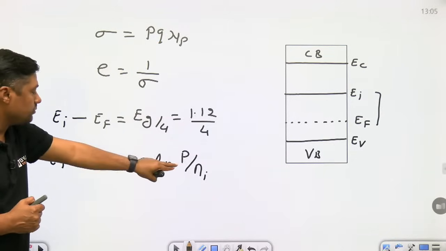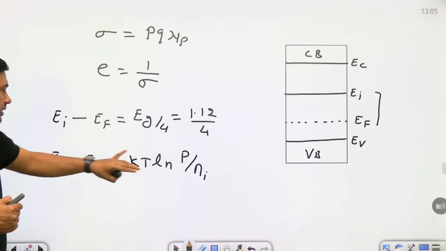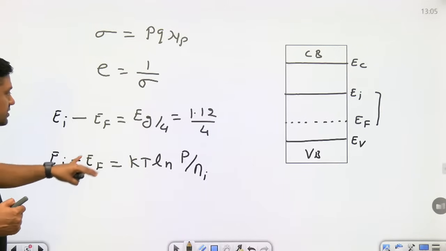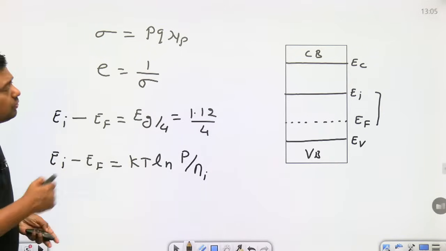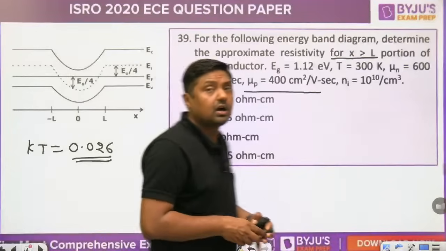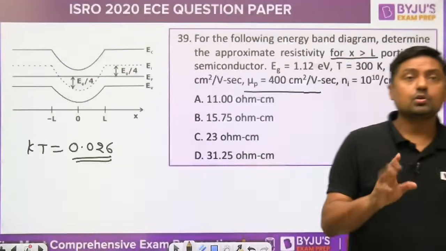P you can find from this value. Ni is given, EI minus EF is given, that is Eg by 4, and then you will get the answer. I think D is the answer for this particular question.